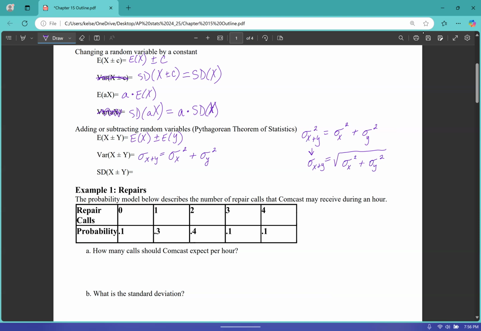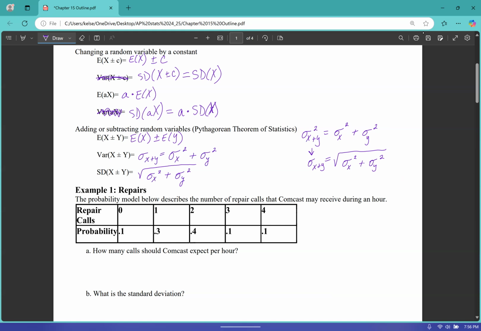All right. So now when we have the standard deviation of x plus or minus y, if you look right here, it's going to be the variance of x plus the variance of y, and square root all that. Because when you are trying to find distances between things, you square them, so we get rid of the negatives.